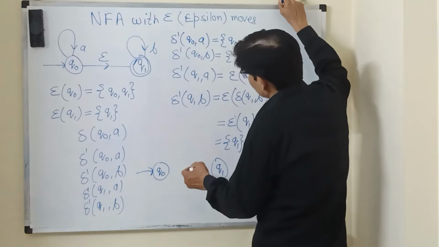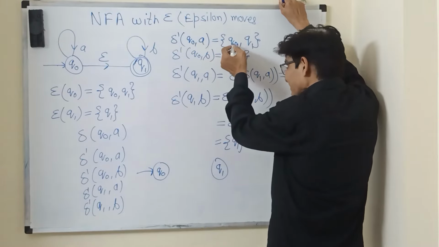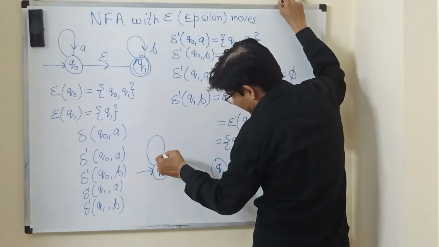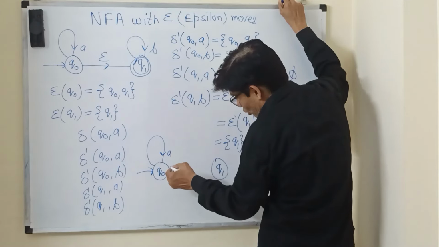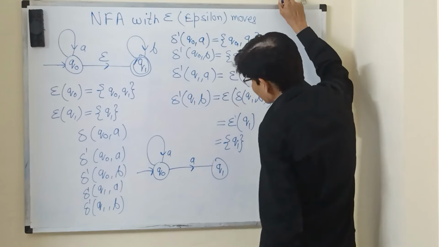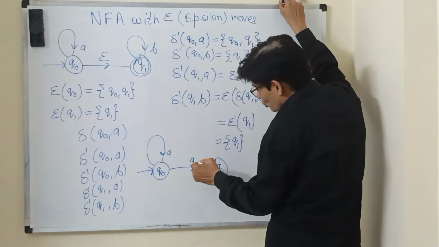On Q0, if we get A, we stay on Q0 or we move to Q1. On Q0, if we get B, we move to Q1.